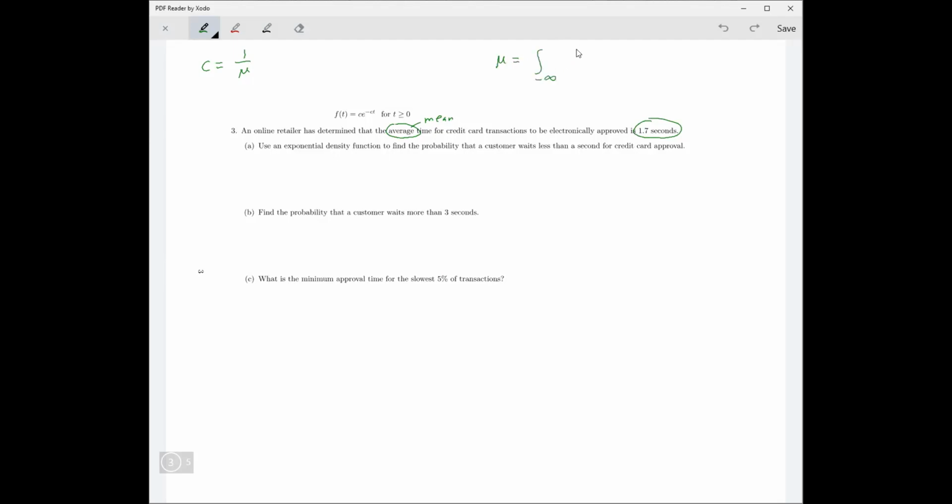So the mean is the integral from, okay, this is for t greater than 0, so it's 0 to infinity of c e to the negative ct times t, I'm sorry. So for the mean, you put in a t there.